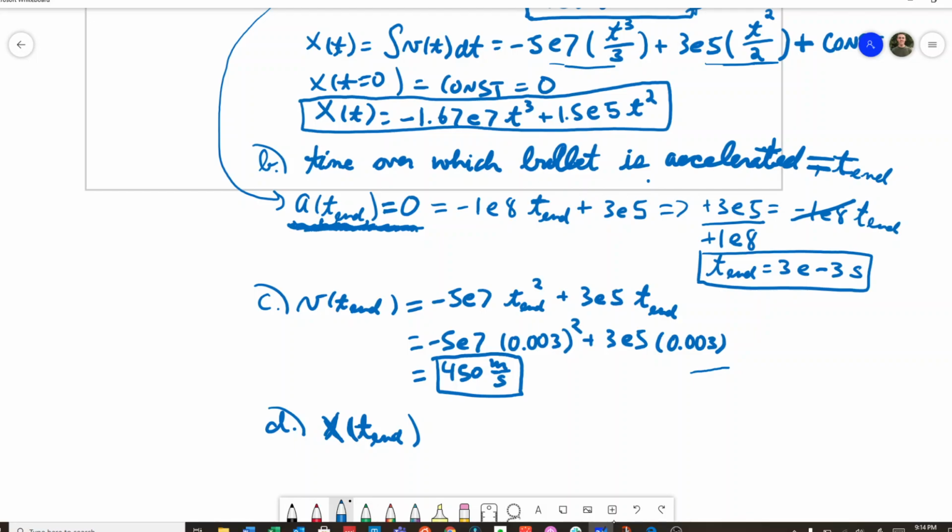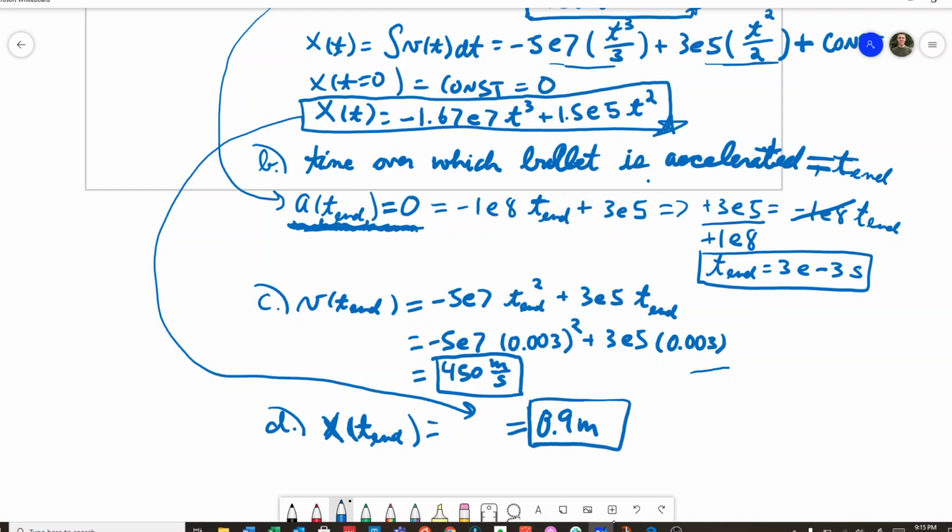So I will just take this polynomial here and plug in 0.003 seconds for t everywhere in this polynomial. I'm not going to write it out again, because you can plug in 0.003 seconds in for t into this equation here yourself. When I put that into my calculator, I get that this is about 0.9 meters.